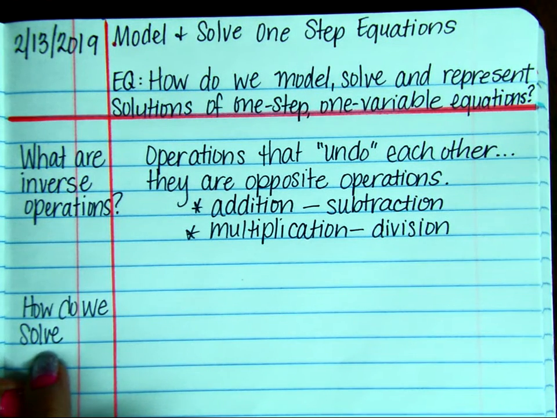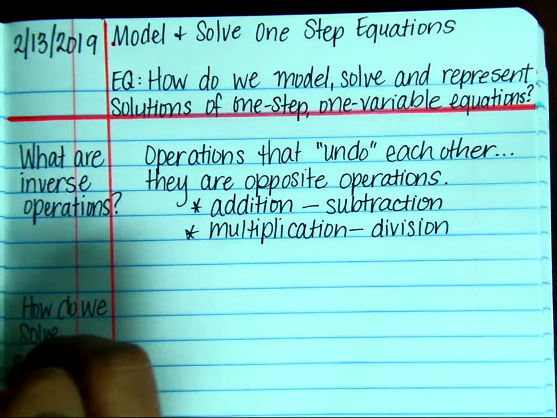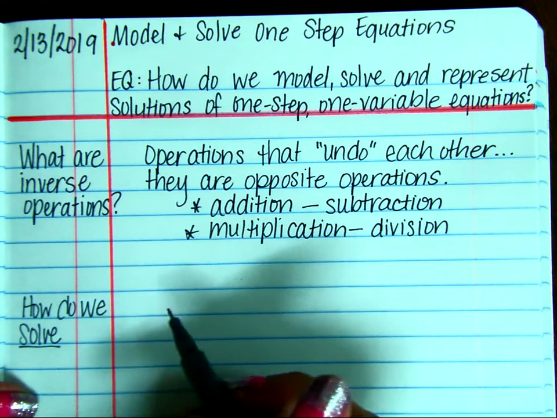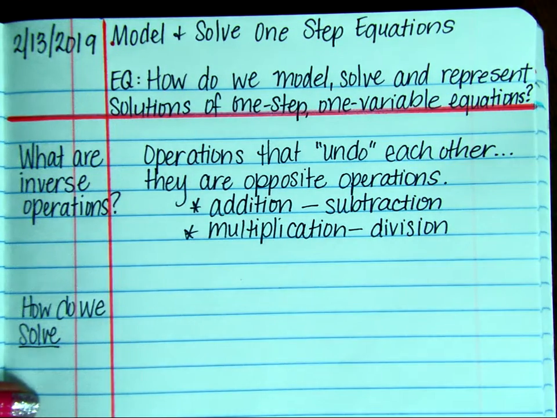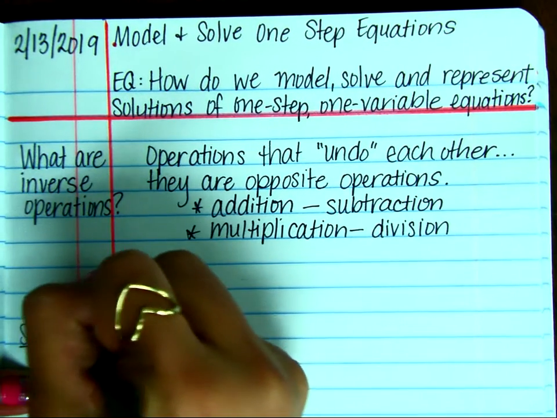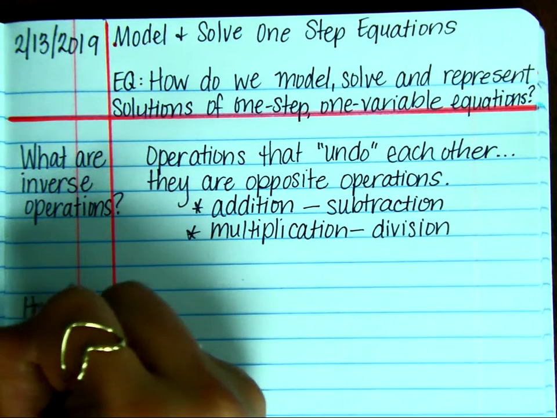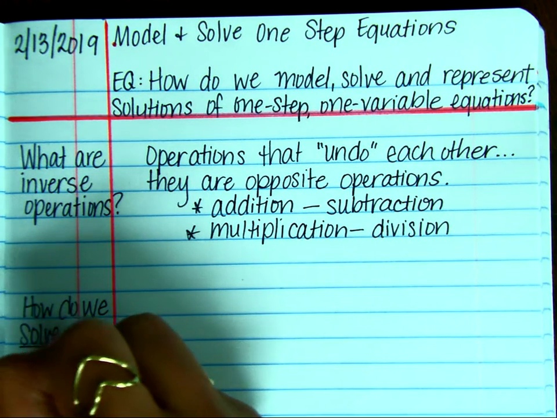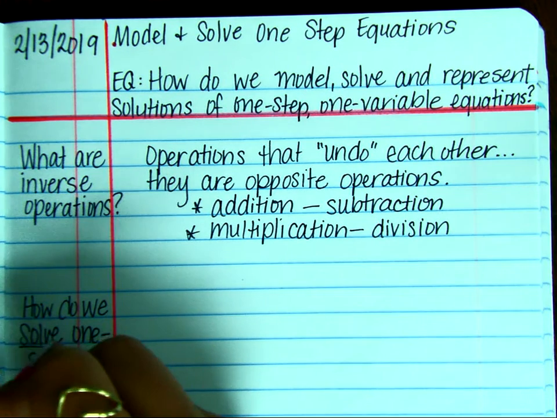All of those terms can be replaced here, so you could interchange that word solve, and we can look at how do we model them, how do we represent them. So how do we solve one-step, one-variable equations?